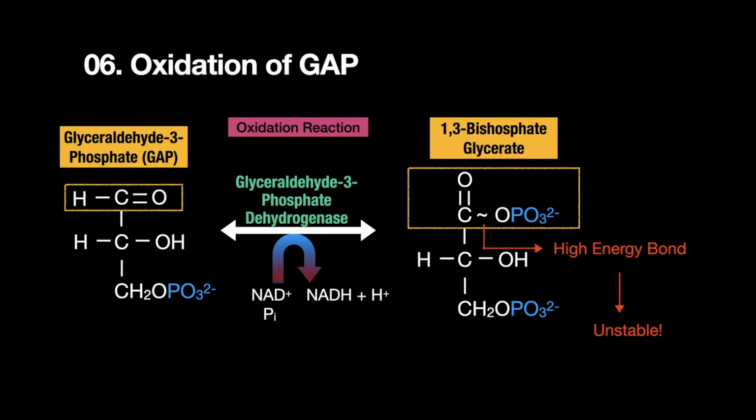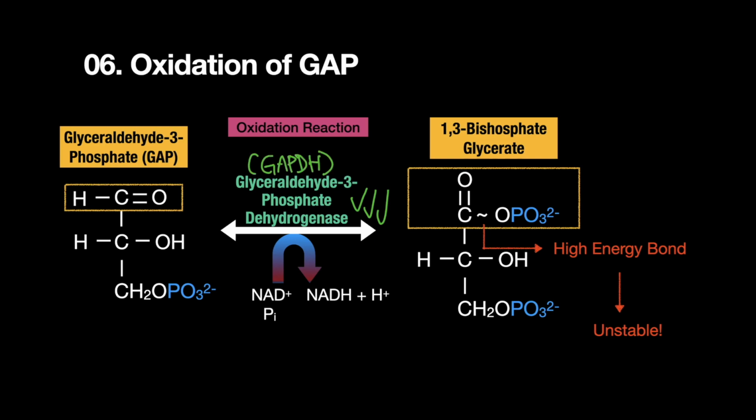Now in step 6, we move on to oxidation of glyceraldehyde 3-phosphate. Glyceraldehyde 3-phosphate is oxidized by glyceraldehyde 3-phosphate dehydrogenase, or GAPDH, to form 1,3-bisphosphate glycerate.